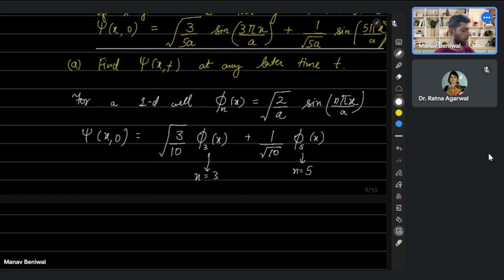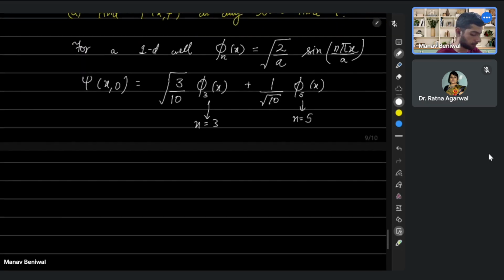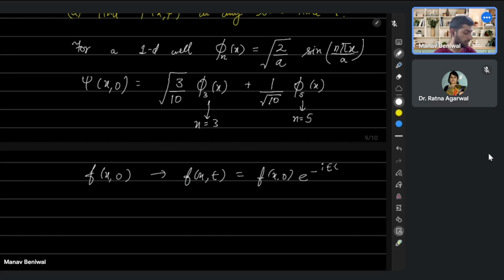energy term. Okay, now for any wave function, I'm running out of symbols. Let's say for any wave function f, if we are given f at x equal to 0, then f at some time t will be f at x equal to 0, and then we multiply it by e to the power minus iota E t by h cut.